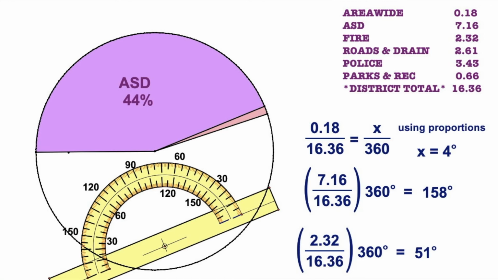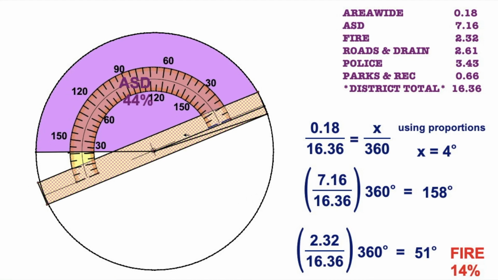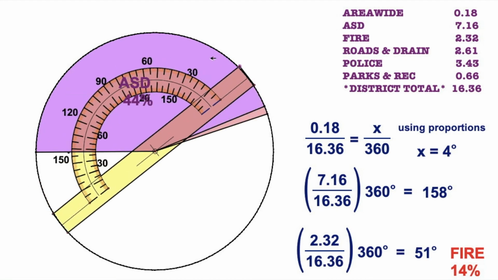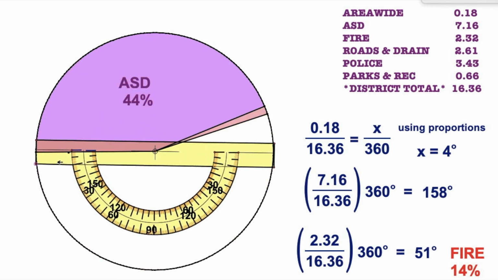Oh, wrong one. I guess I'm down here somewhere. Yikes. Oh, there it is. So fire is going to be 14%. It will represent 14% of 360, which is 51 degrees. Now you have to take your protractor and spin it around and give it a right around there. Isn't that beautiful? Yeah, maybe a little bit.